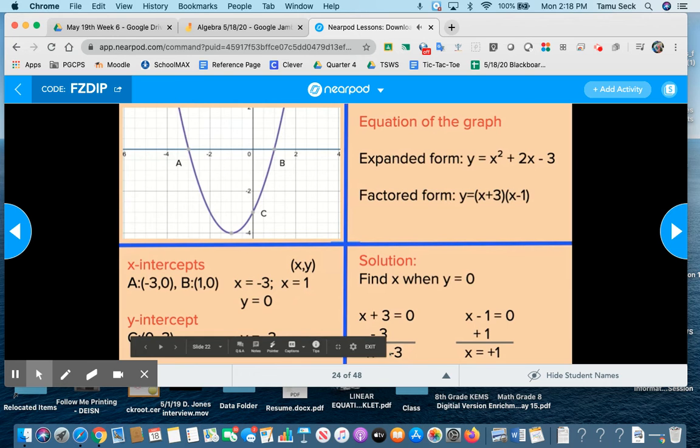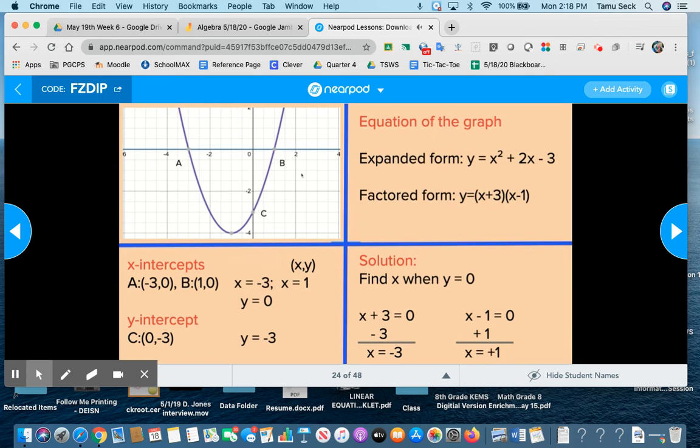So look at this -3. We can look at this point A, and we see that point A is at x is -3 when y is 0. And the B point is x is +1 when y is 0. So this is how the graph relates to the equation.